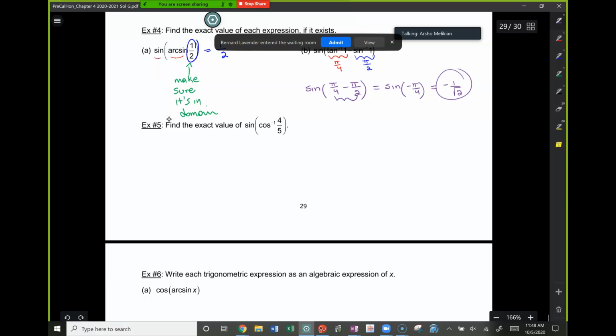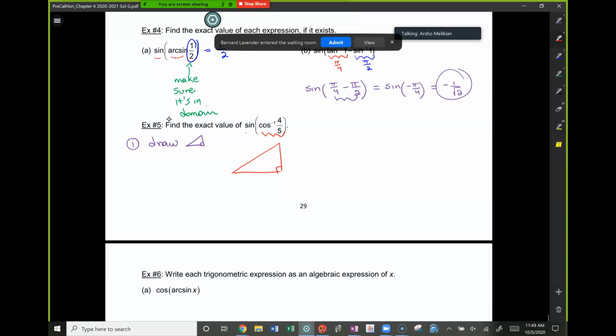Okay, here, take a look at what we're gonna do. You have sine of inverse cosine, totally different functions, of 4 over 5, right? So here's what we're going to do. First, you draw a right triangle and you label it.